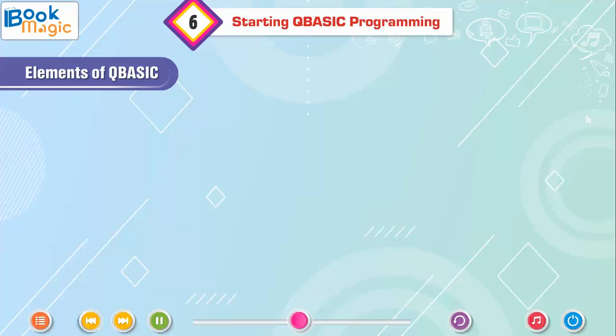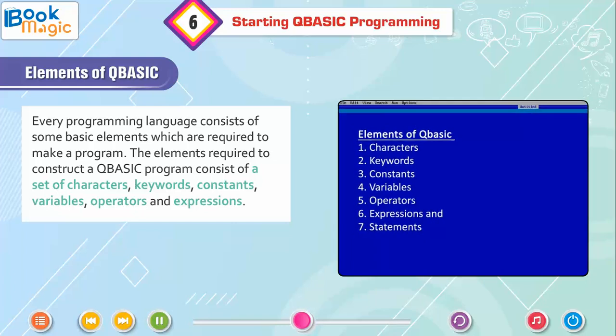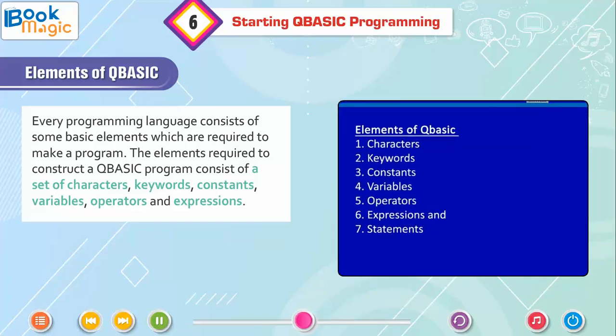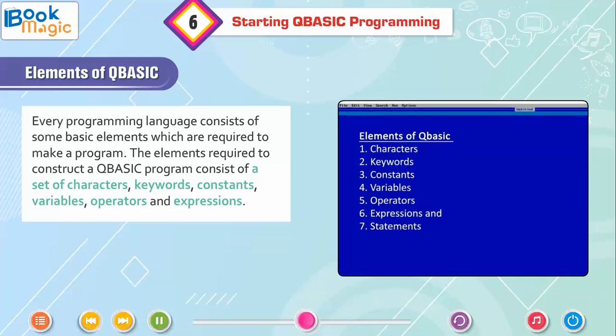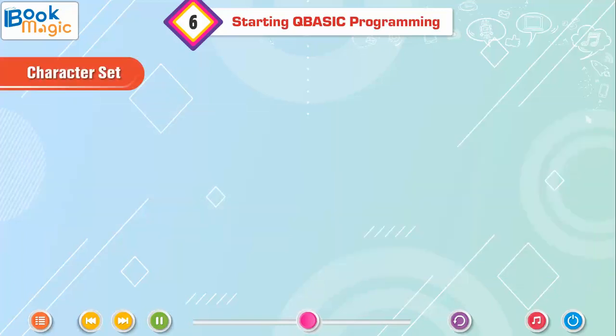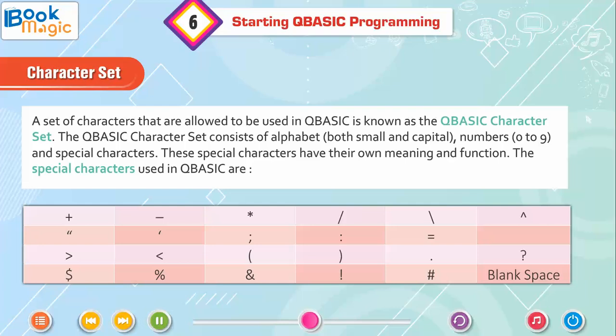Elements of QBasic. Every programming language consists of some basic elements which are required to make a program. The elements required to construct a QBasic program consist of a set of characters, keywords, constants, variables, operators, and expressions. Character set. A set of characters that are allowed to be used in QBasic is known as the QBasic character set.